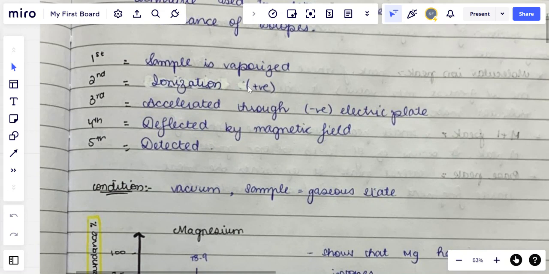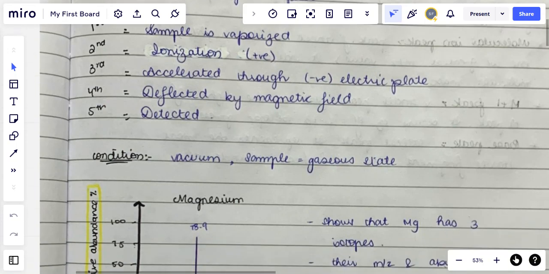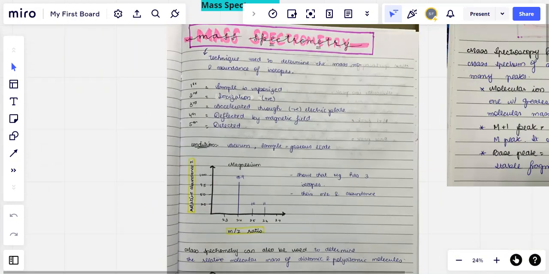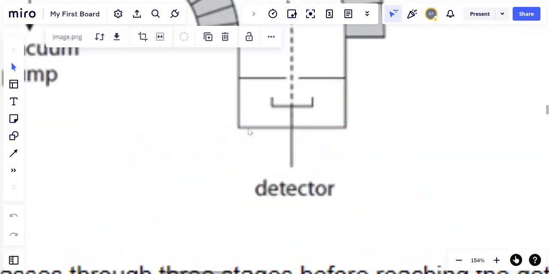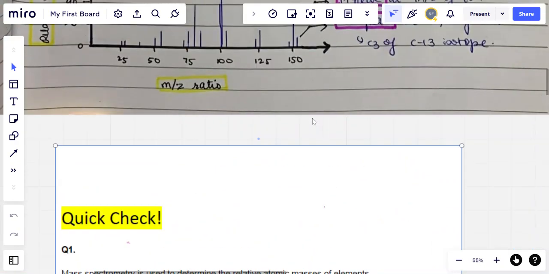So, positive ion is exactly what you need. And in acceleration, you have electric plates which are negative, and since your sample is now positive, when those ions move through those electric plates, they gain kinetic energy and move at a faster speed. And the fourth step is deflection by the magnetic field. And then finally, at the last stage here, they hit this plate and they'll be detected.